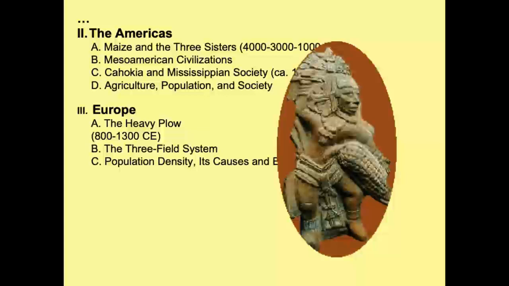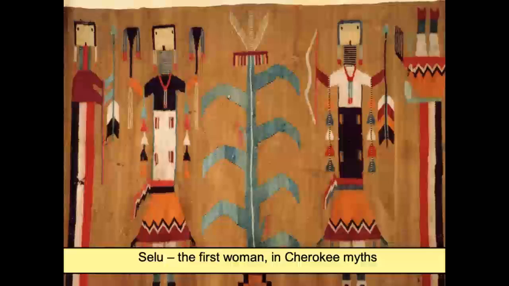Other myths include the Cherokee tribe, whose origin myth includes the story of Silu, the first woman, and she had 2 sons. And, like growing boys the world over, they were always hungry. So Silu went out to get food and came back with corn and beans. And the boys wanted to know where all that food came from.